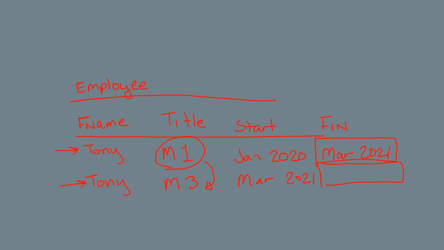So when we do an analysis dealing with managers, we'll know what title Tony was during certain date ranges, if that matters. So that is one way of tracking a type 2 slowly changing dimension. Okay.